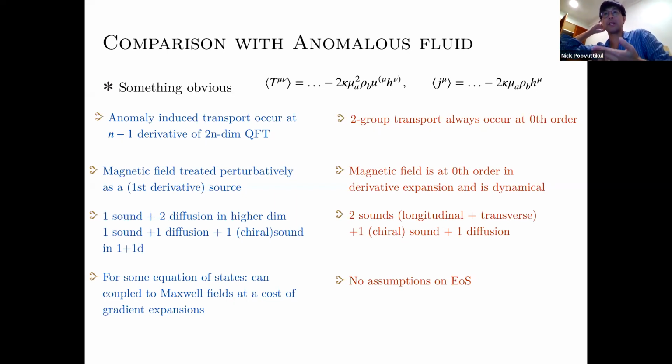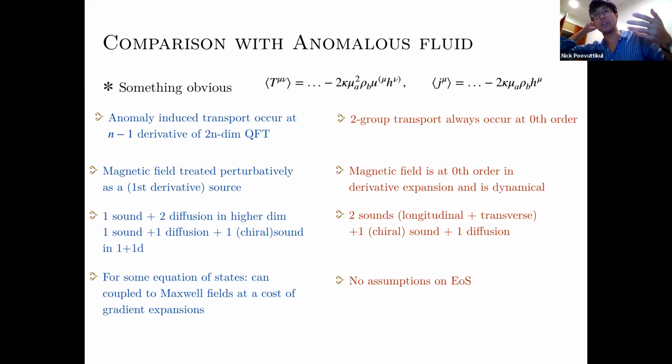Now the two-group, you can obtain it from gauging the anomalous theory, but it doesn't have to. There are other mechanisms it can come from, and the new transport in the two-group always happens at zero order. Also, in the anomalous fluid case, the magnetic field is usually treated as a source. It's not dynamical, and it comes in at first order in derivatives.